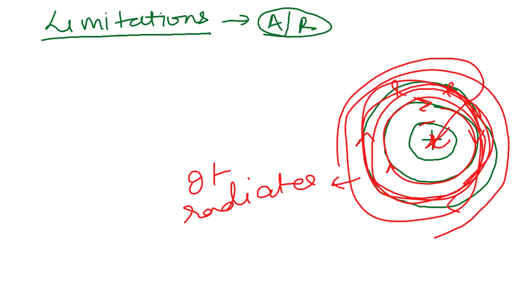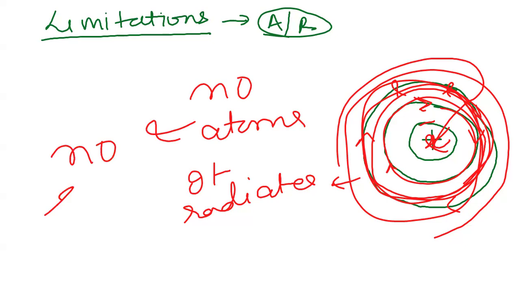If they fall inside the nucleus, then no atom. No stability, no atom. But this is not happening, right? Therefore, he proved this model was wrong.